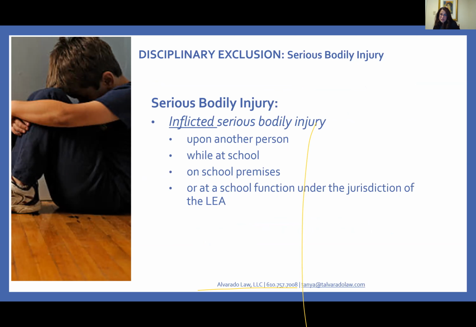Serious bodily injury is you have to inflict it, so it's not a threat. You actually have to inflict it on someone, another person, again while at school, on school premises, or at a function under the jurisdiction of the school. So what qualifies as a serious bodily injury? Again, we're talking about significant things. These are the 3 exclusions that the district can immediately remove your child for.